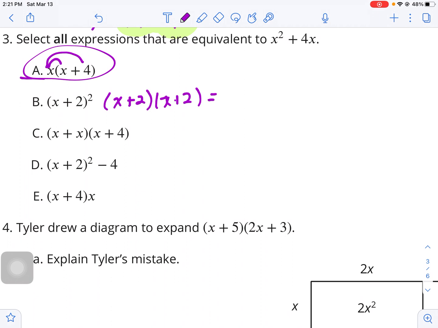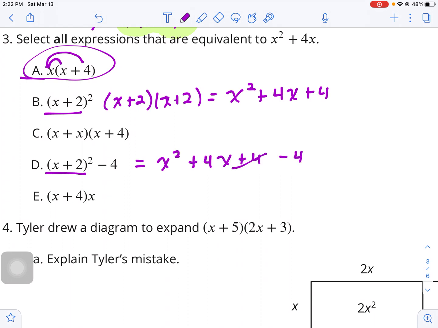Remember, this factored out or expanded to x squared plus 4x plus 4. And so if I rewrite this, that's just that. So I'm going to have x squared plus 4x plus 4, and then subtract 4. Those two go to 0, and I do end up with an equivalent expression to that.